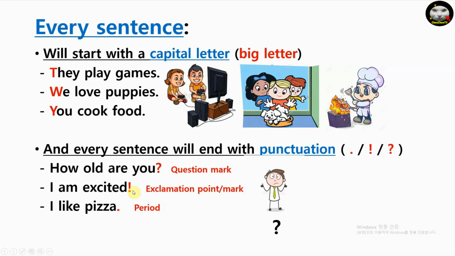I'm excited! Sentences that display feeling and emotion can use an exclamation point or exclamation mark. I like pizza. A period at the end of a sentence demonstrates a statement.